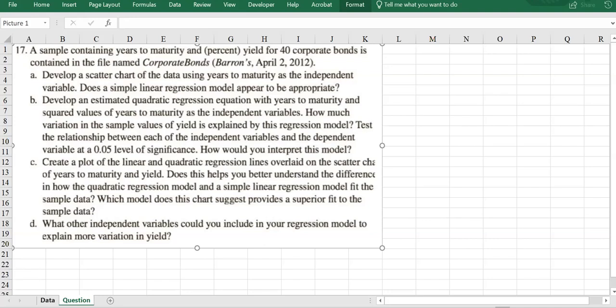Factors like quality rating or risk rating of a corporate bond, the company who issues the bond, interest rate, the size and industry of the company, and anything else that can affect the yield of a corporate bond.